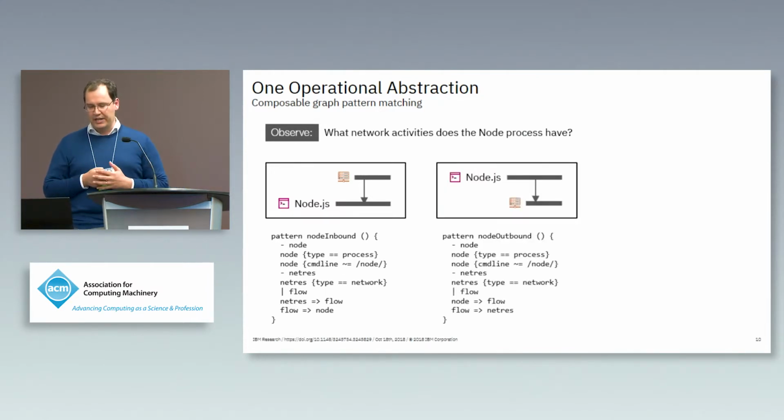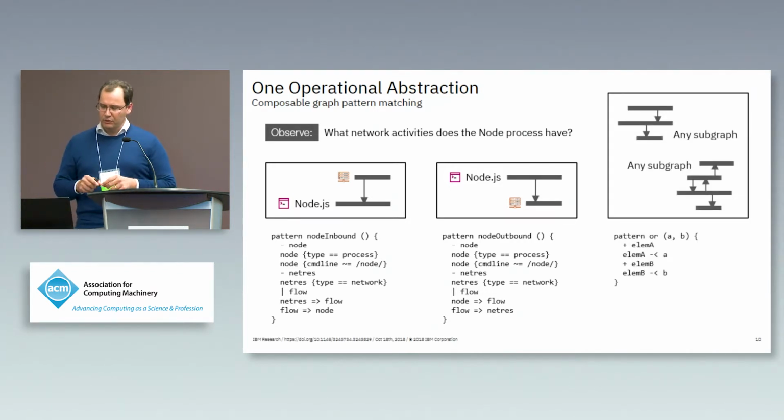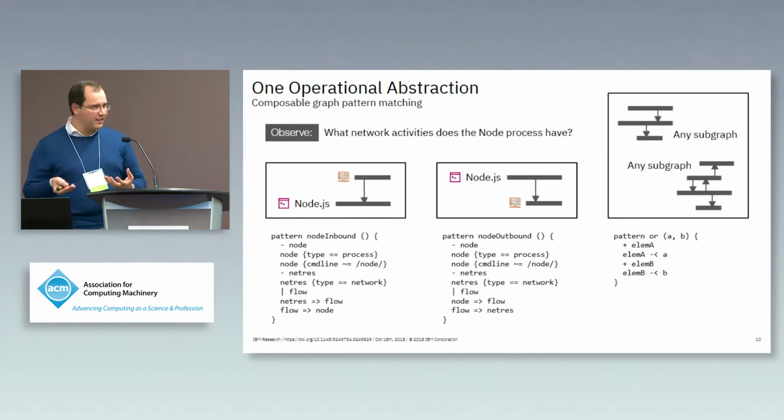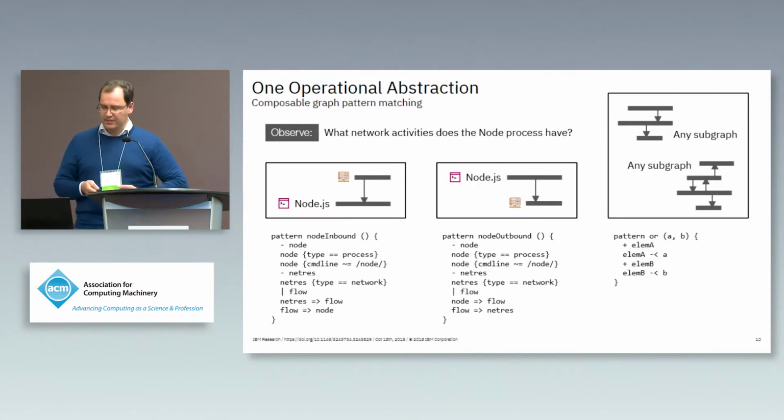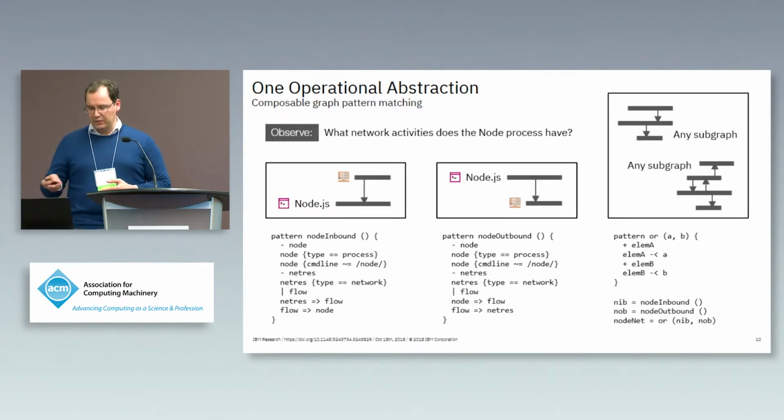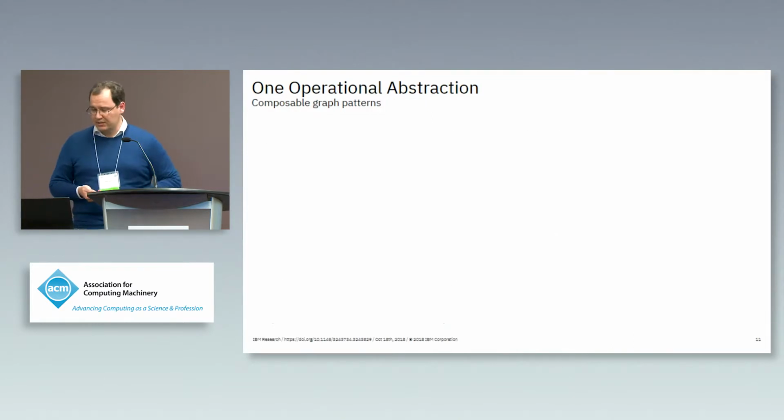Symmetrically, you can also define the outbound connection. And with these two patterns, what do you do in our platform? You create a hyper pattern, one that combines the two. And then you would yield a traversal on top of our computational graph. I'm going to explain more how it works. It's a distributed graph data store, but it's going to retrieve all the entities and events that match that pattern.